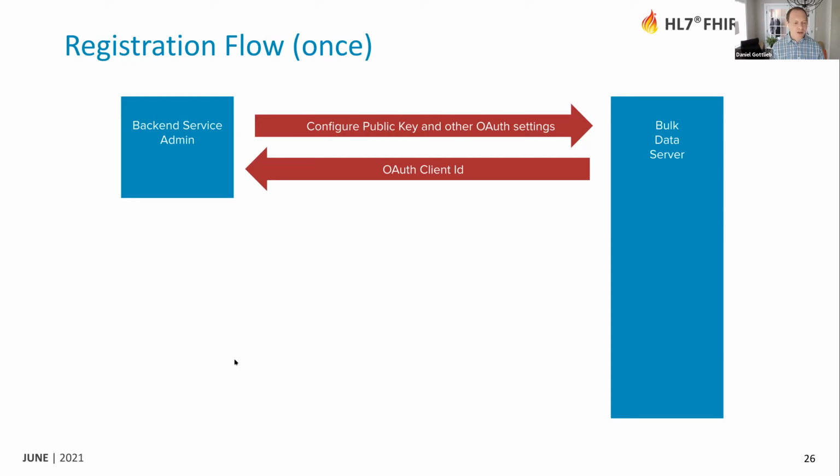It could also happen manually with two business analysts talking. This is a great time for organizations to verify that all the legal documents are in place before they issue that client ID. I should also mention that there are some levels of indirection so that these keys can be rotated more easily. There's a little bit of complexity there, but in general, it's a pretty straightforward authentication process. Certainly, I think simpler even than SMART App Launch.